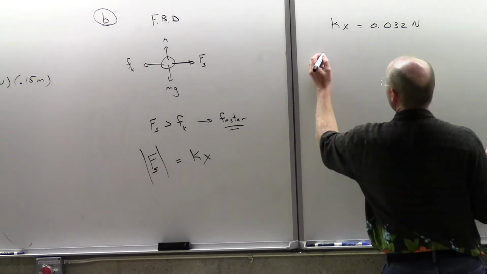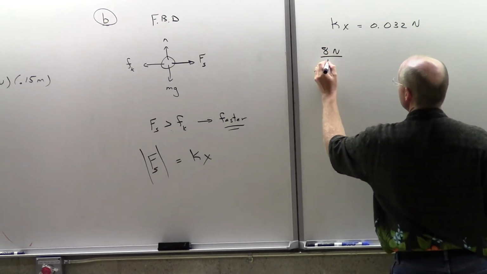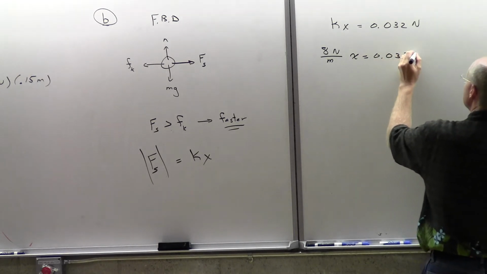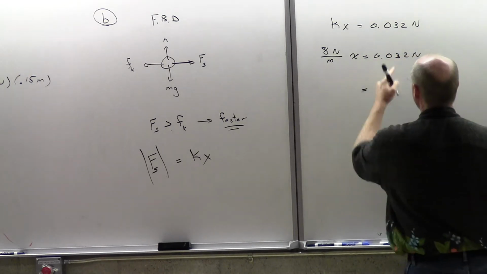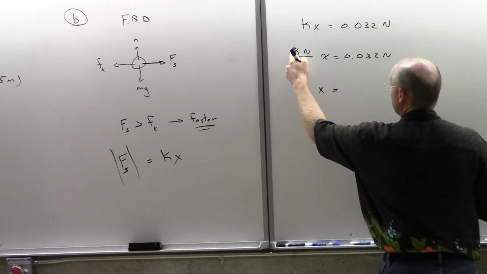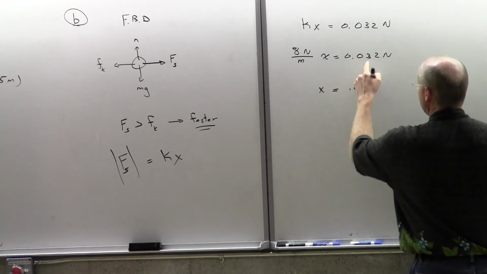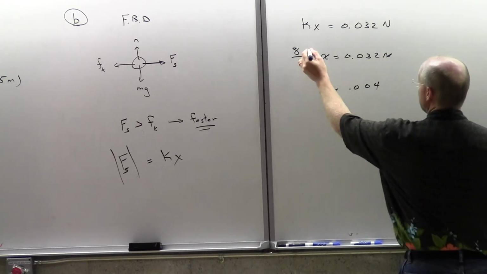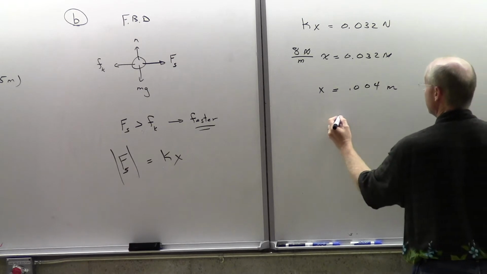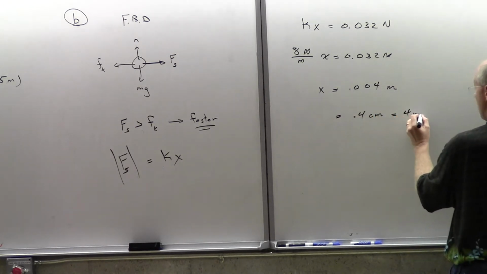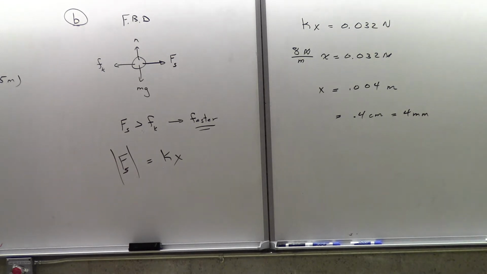And so now I can put in my 8 newtons per meter and solve for x. Probably explains why the author gave me a 32, because 32 divided by 8 is 4. Newtons cancel off and we're at meters. So 0.4 centimeters or 4 millimeters, whichever way you want to describe it.